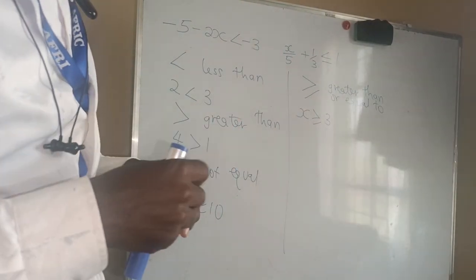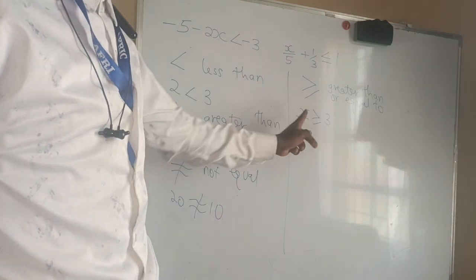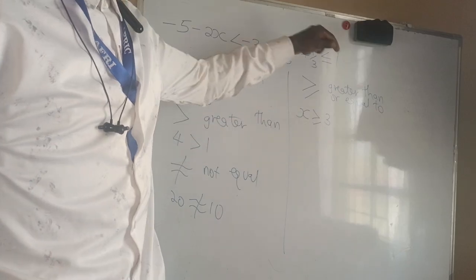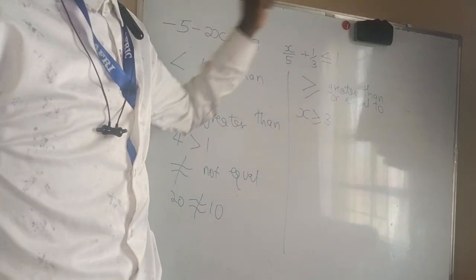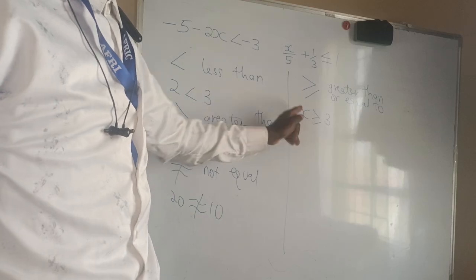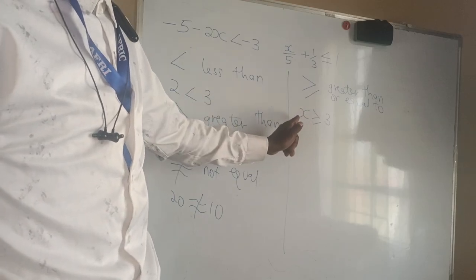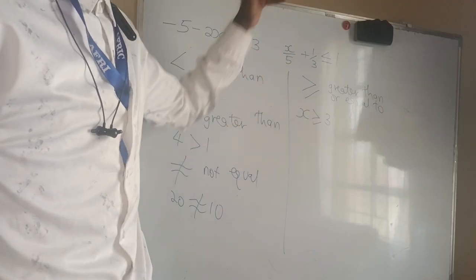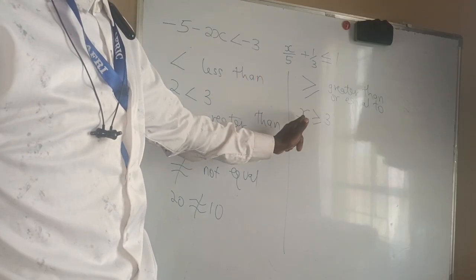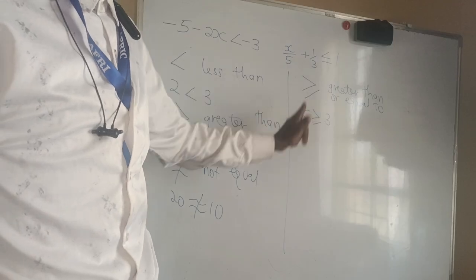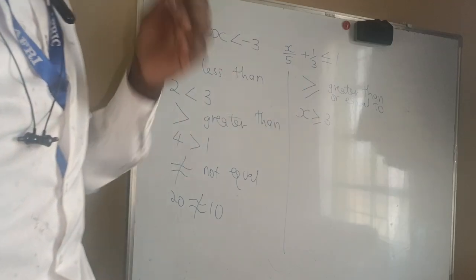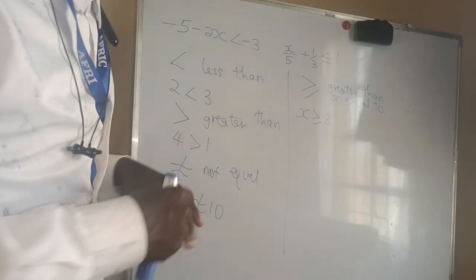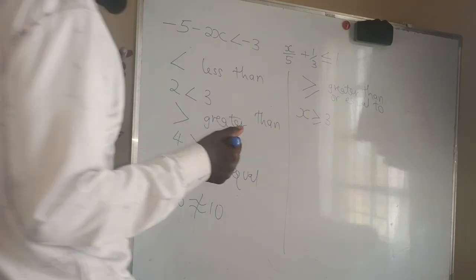That means any value captured here for x can either be equal to 3 or greater than 3. So x can be 3, or x can be 4, since 4 is greater than 3. Any value of x should be either 3 or greater than 3. That is the meaning of greater than or equal to.